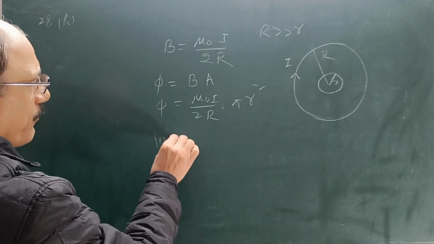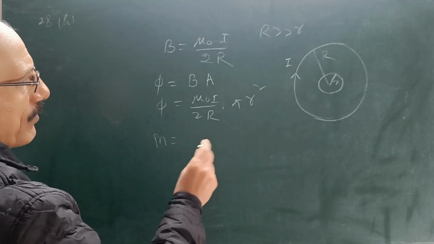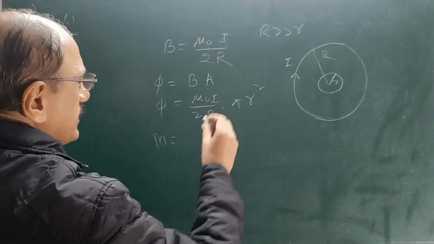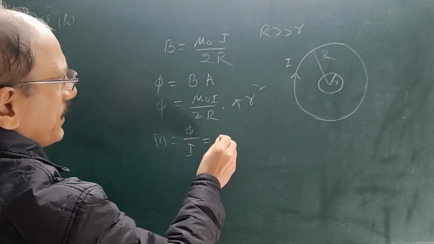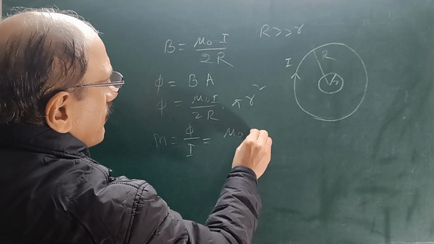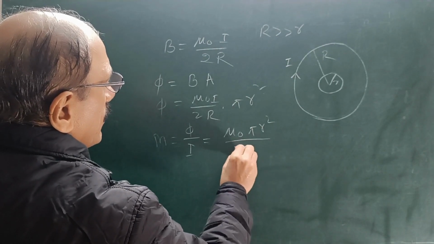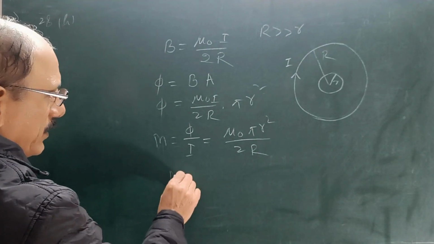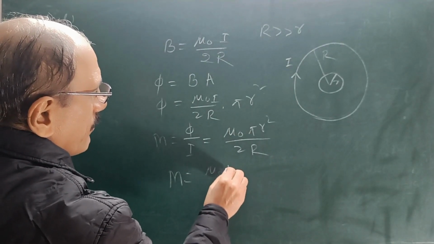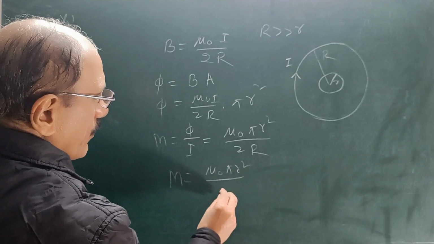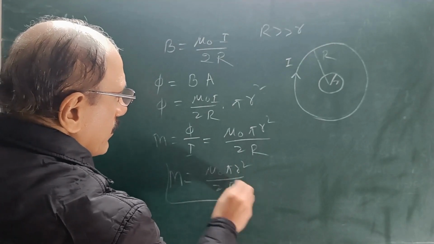Also, mutual inductance between the two coils is always equals to phi upon I. That means this is equal to mu naught pi r square upon 2R. So the mutual inductance of these two loops will be mu naught pi r square upon 2R.